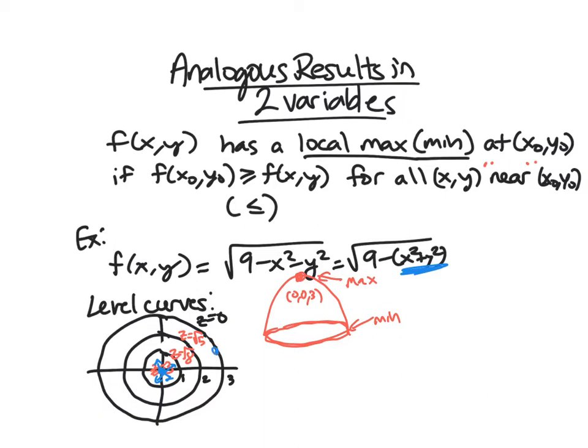And similarly, if I'm out here on my boundary, right, then I had 0 in here. If I go in a little bit, then x squared plus y squared is less than 9, so I'm subtracting away less than 9 and therefore getting a positive number, and thus this is a min all the way around the outside.